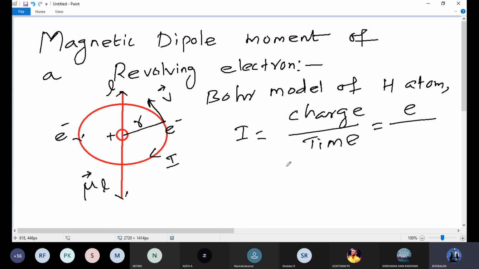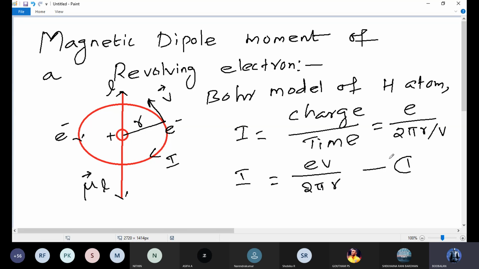Now the time, the time period capital T, for the electron revolving around the nucleus, is 2 pi r divided by v. Now just rewrite the equation: I is equal to e v divided by 2 pi r. This is the first formula.